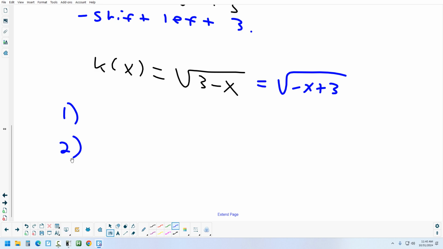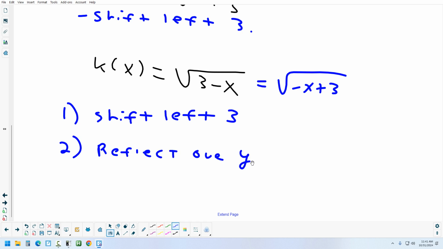Shift left 3. Perfect. And the second transformation. Reflection across the y-axis. Yep, you could say horizontal reflection, or even better, reflect over y-axis.